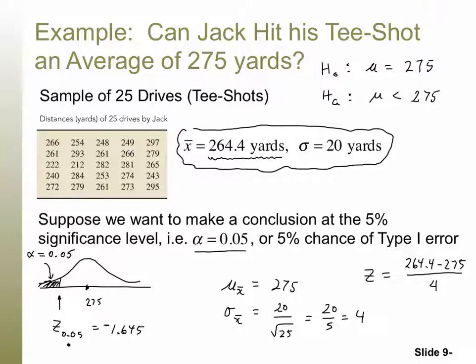Because we're to the left. So what is the z-score according to his sample? You do 264.4 minus 275 over 4, and you get negative 2.65.